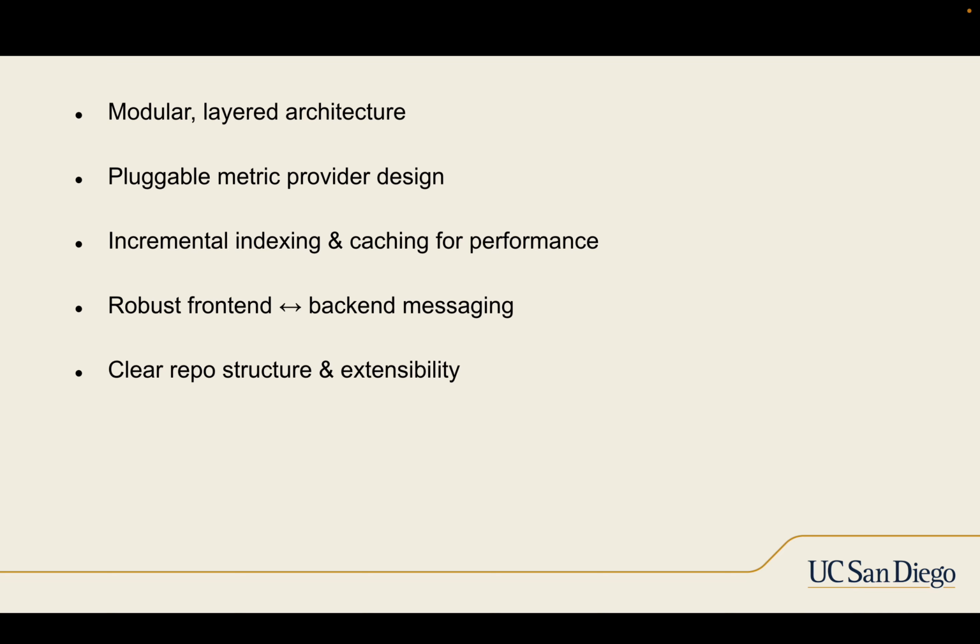The metric pipeline is fully pluggable, which allows new metrics to be added with minimal changes by implementing a provider interface. Performance is addressed through incremental indexing and metric caching, which keeps the extension responsive even on larger projects. The front end and back end communicate through a structured message passing model, ensuring that UI interactions remain smooth while analysis runs asynchronously.